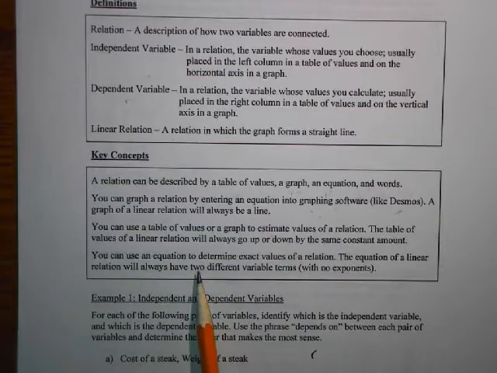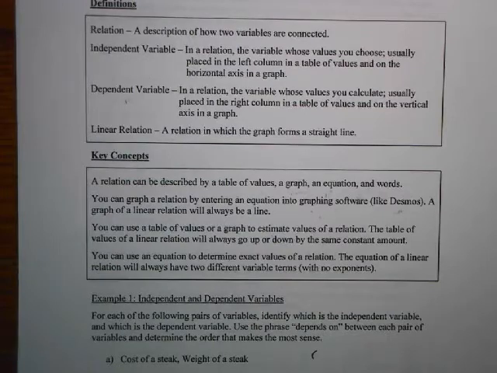Now the equation, like I said, it's the most powerful tool. It's the most powerful form of the relation. And the reason for that is you can always get exact values. You can make predictions of that relation for pretty much any value you want and very quickly. Whereas if you were looking at a table of values or a graph, you either have to make an estimate or you might have to redraw the graph or extend the table of values.